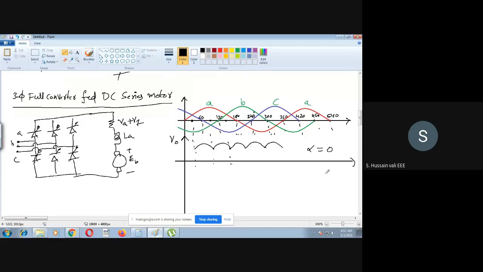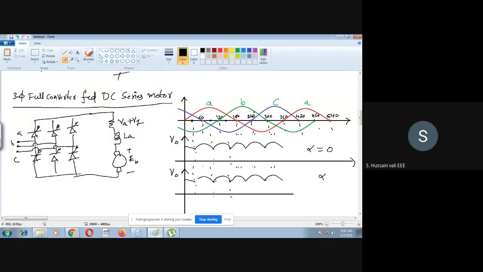Okay, but in case alpha is not 0, then what you will find out is that there will be a delay. So where do you find the delay?